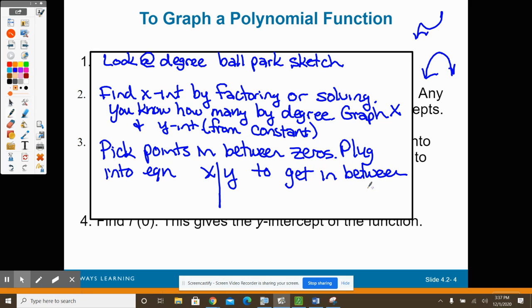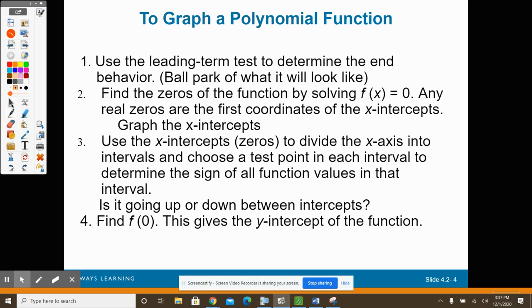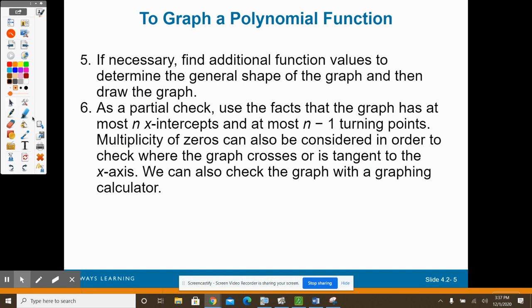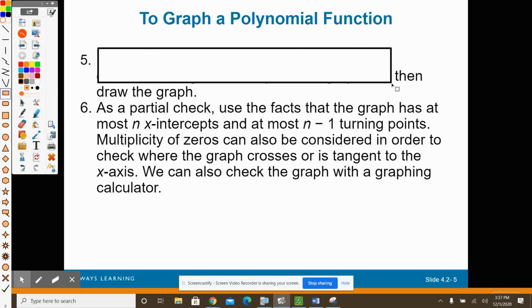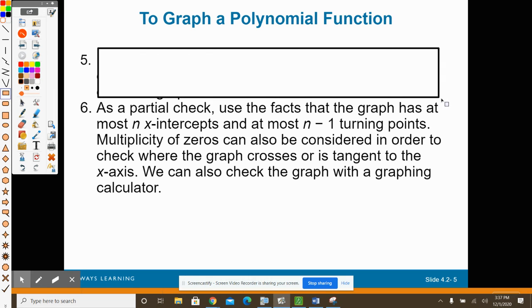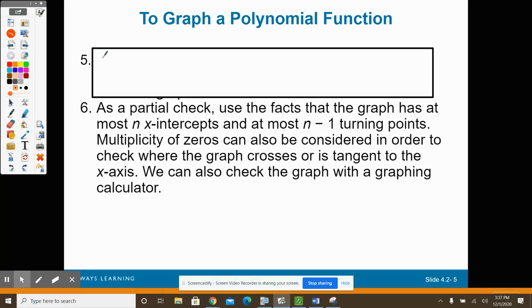And the reason you want to do that is because that will give you a hint as to how far up or down the graph goes. Okay, so those are the first 3 steps. And then basically, if you need more points, find them.